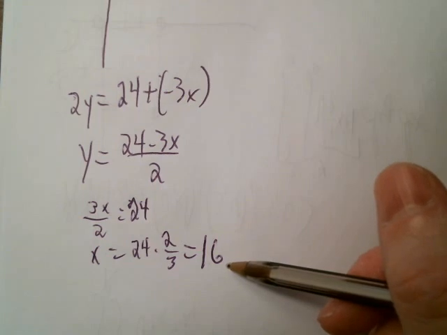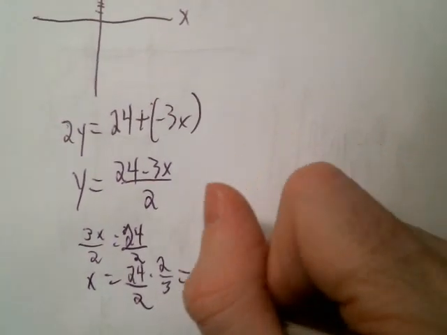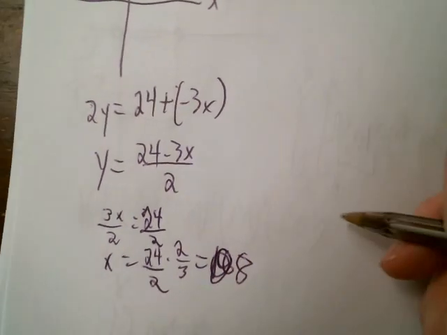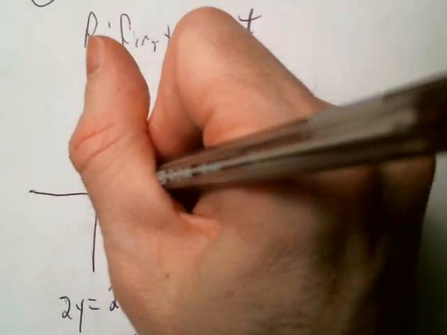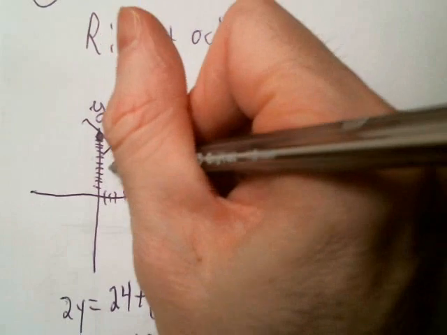I think I made a mistake. Oh, it's 24 halves right here, sorry. Well, yeah, okay, that's 8. All right, so 1, 2, 3, 4, 5, 6, 7, 8. There's our line. This is our region.